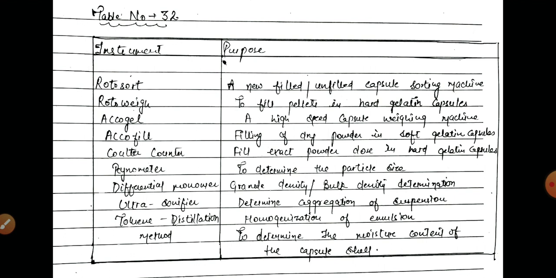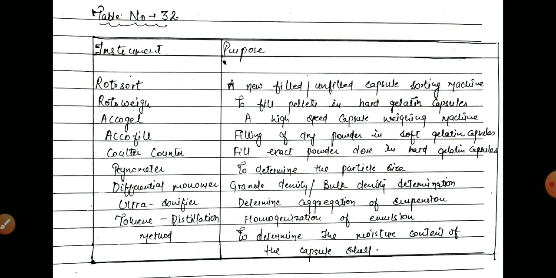Ecogel is a high speed capsule weighing machine, and Ecofill is for filling dry powder in soft gelatin capsules. Culture counter method is for filling an exact powder dose in hard gelatin capsules, and pycnometer is to determine the particle size.